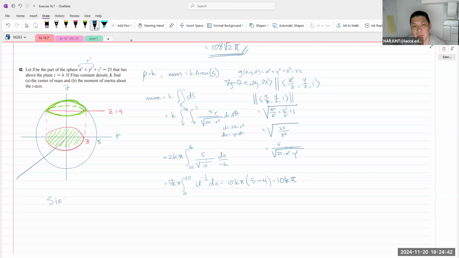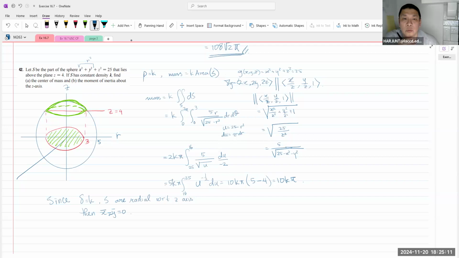Since the density is constant and the shape is radial, meaning if you rotate that radial shape with respect to the z axis, then x bar and y bar must equal 0.